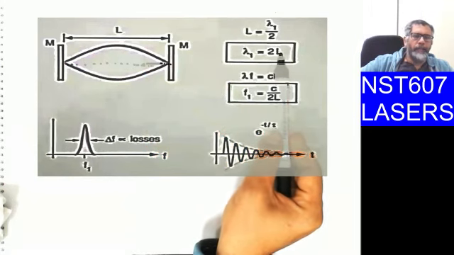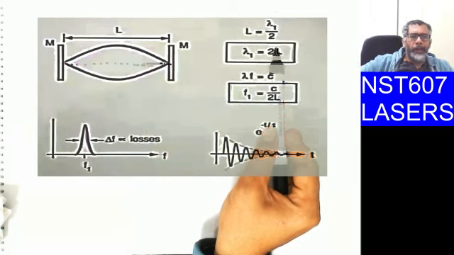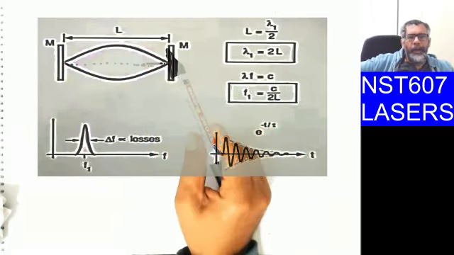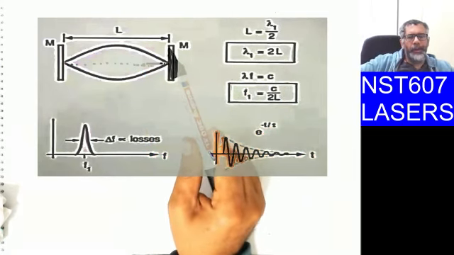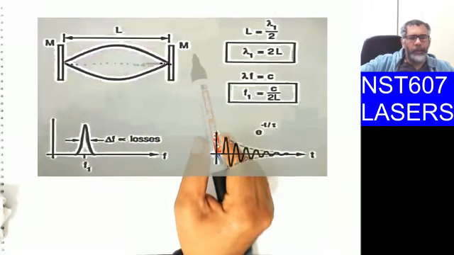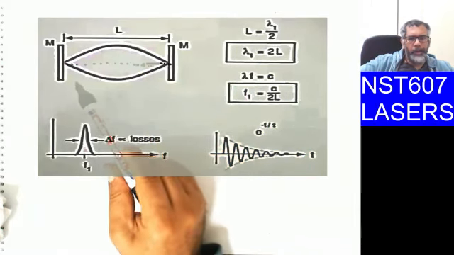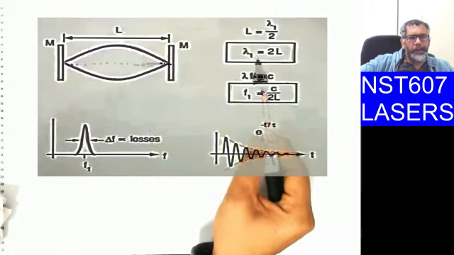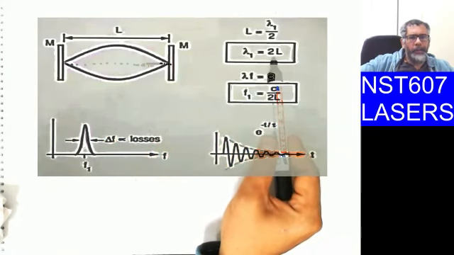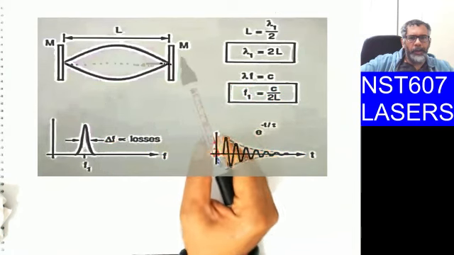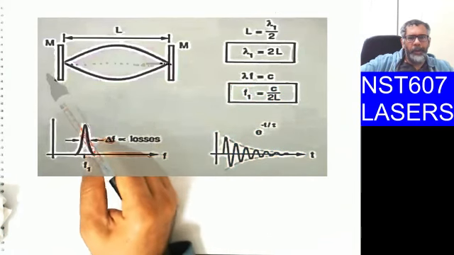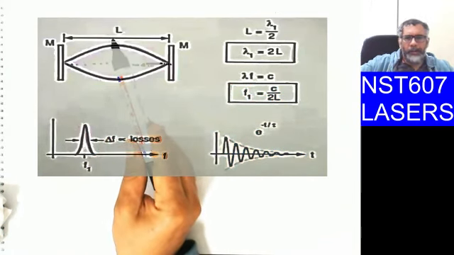If you want to produce a laser by using these two mirrors, this is the largest wavelength that you can produce.